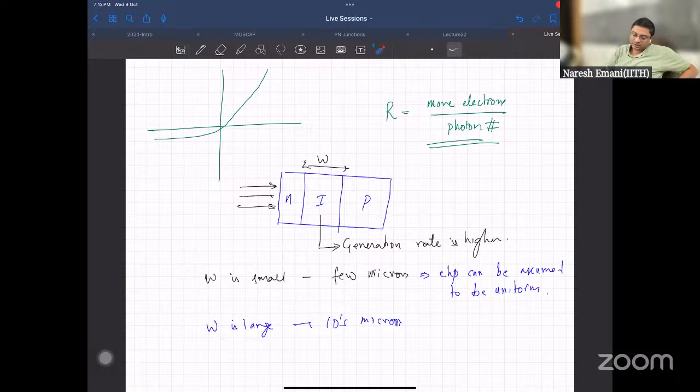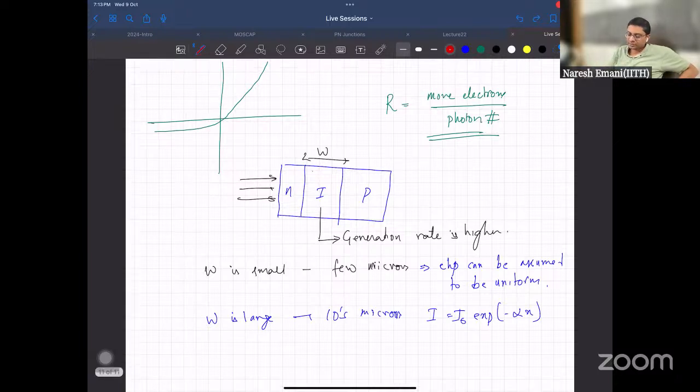When you shine photons, they get absorbed, create electron hole pairs, and some of them penetrate further and create more. There's an absorption coefficient associated with that, so the intensity goes as I naught exponential of minus alpha x, where alpha is the absorption coefficient. Because of this, you have a gradient in the electron hole pair distribution, and because of this drop there can be some diffusion as well.